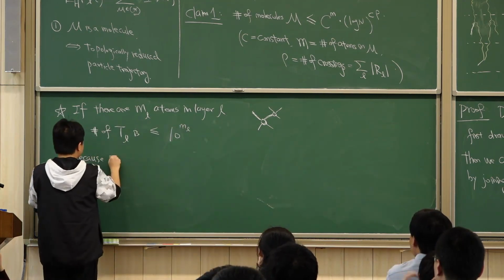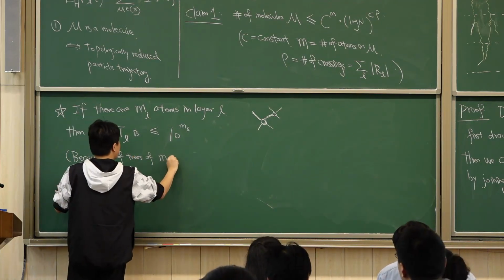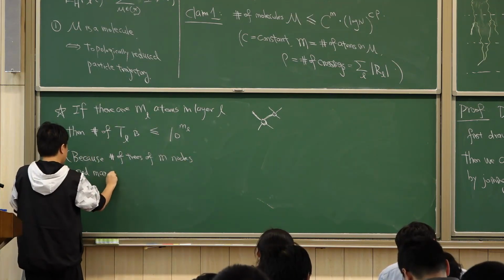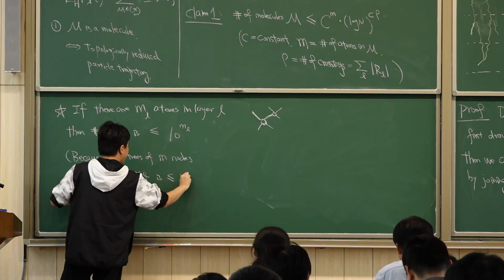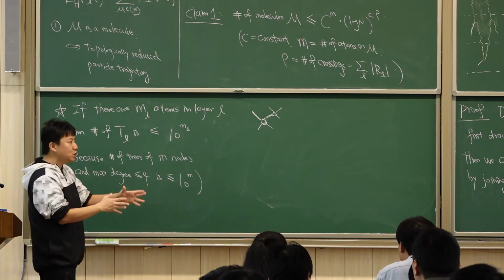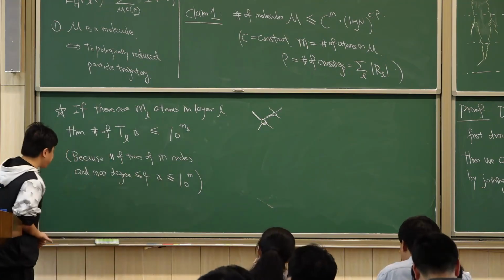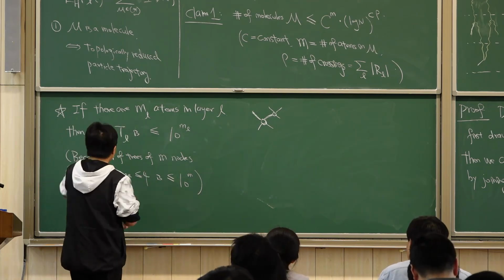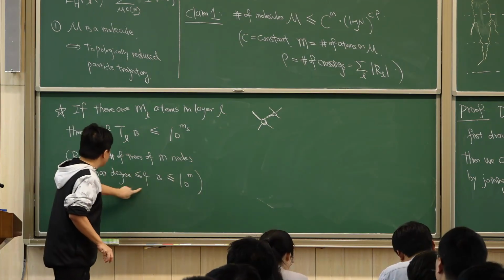So the number of trees of m nodes and maximum degree at most 4 is bounded by 10 to the m. It's a simple combinatorial fact, because every such tree you can think of as a ternary tree, and the number of ternary trees is well known to grow exponentially in the number of nodes. So basically you do some generating functions and you are good. By the way, this is not the number of all trees. The number of all trees is factorial, but the number of trees under this restriction is exponential.